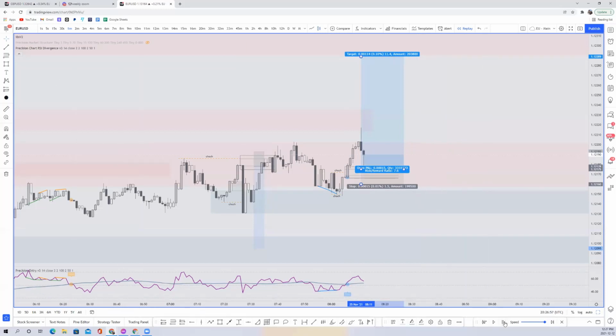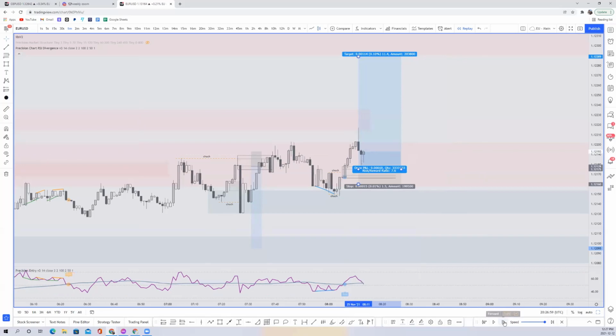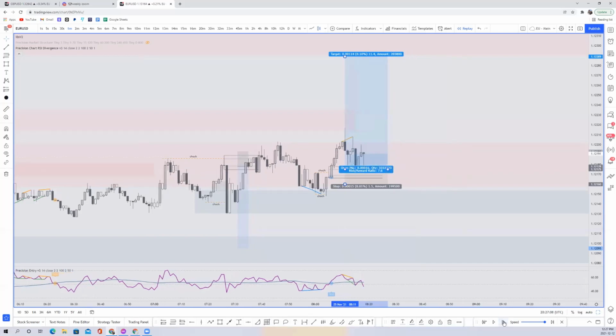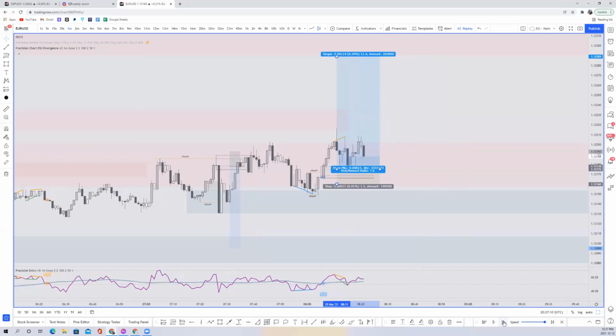So where's my thing? Here we go. And from a management perspective too, 1-minute boss guys, it's usually a good area to break even. So we never had the opportunity to break even here, so we took a hit.